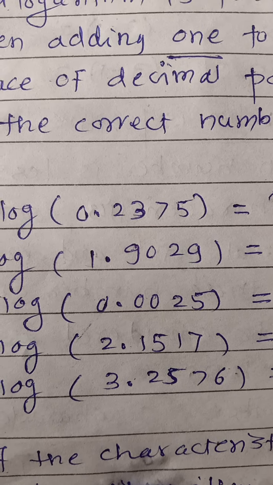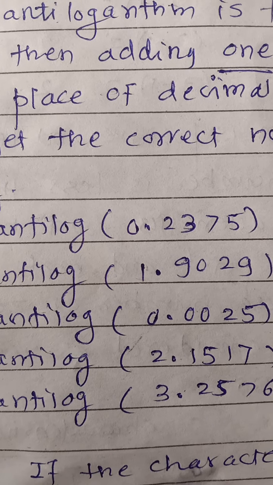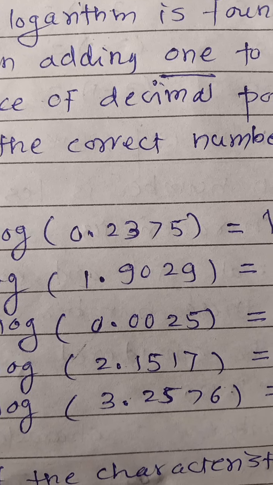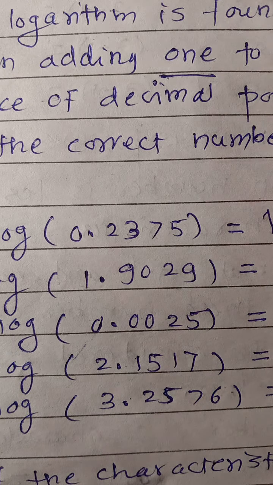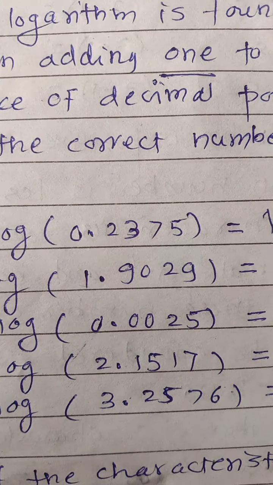Then we will proceed further for the second, that is the antilog of 1.9029. So for 0.90, we have to find that number from the first column, then go to the second column horizontally, and then add the mean difference from the 9th column.